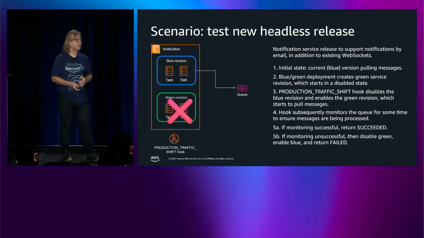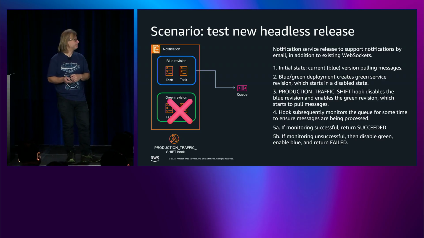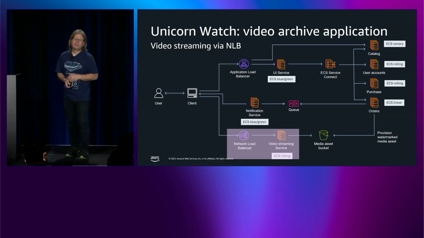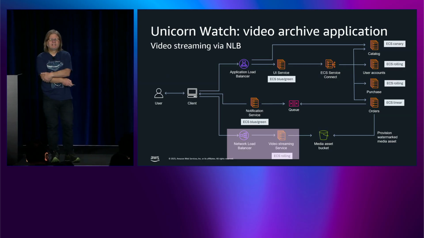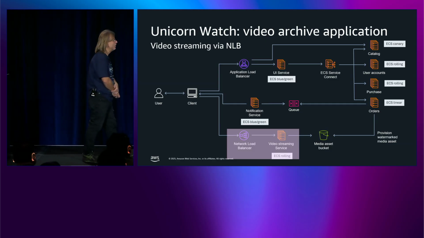Otherwise, if unsuccessful, we disable green and reactivate the blue to go back to where they were previously. So that's improved their ability to notify customers on status updates for orders.